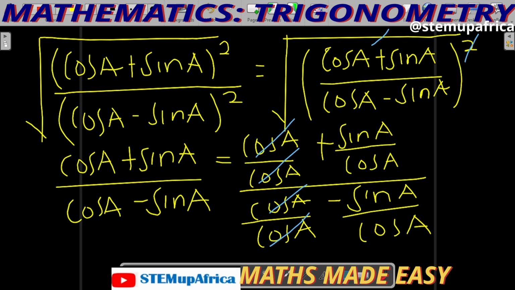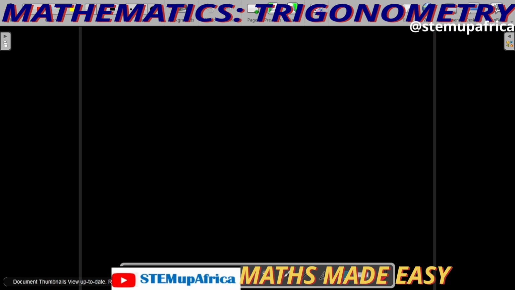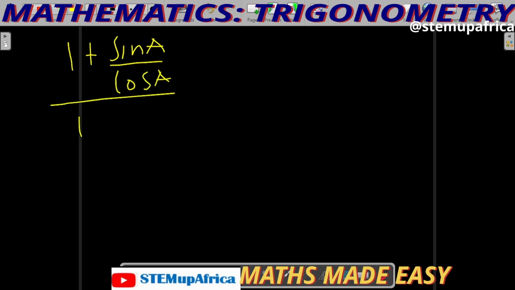We are left with 1 plus sine A over cos A over 1 minus sine A over cos A.